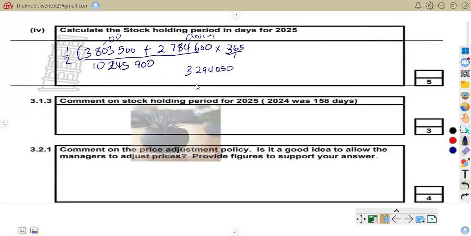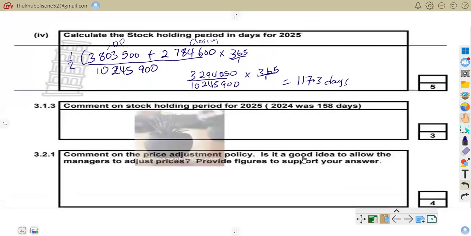When you add this and multiply by half, then you divide by the cost of sales, 10,245,900. Then you multiply by 365 divided by 1. Then you're going to get 117.3 days. So that is how easy it is to get the stock holding period in days for 2025.